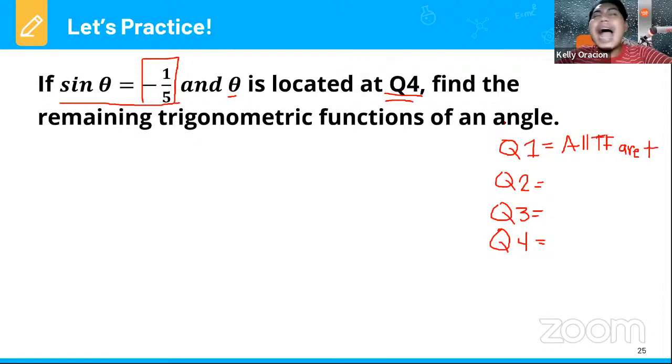That means if your angle is located at quadrant 1, all trigonometric functions are positive. For quadrant 2, the only positive ones are the sine and the cosecant.